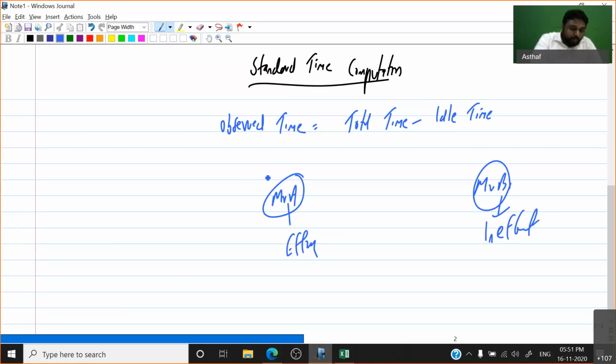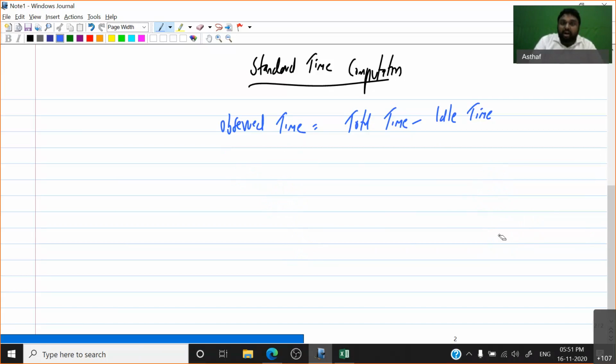If you observe A's performance, you will fix a high standard, because standard time will be fixed by analyzing the existing performance. If you analyze Mr. A, your target will be very high. If you analyze B, the target will be very low. So what you have to do is adjust for the performance level. That will be called normal or basic time.